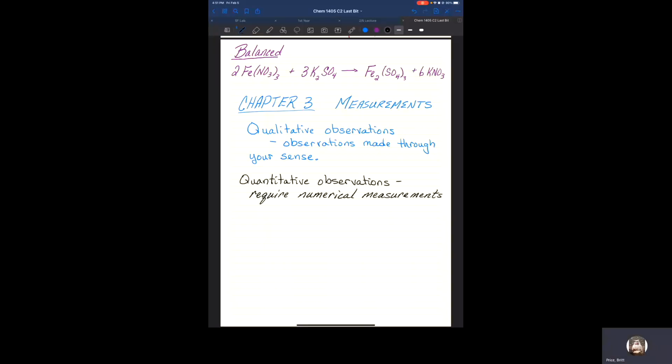When you communicate these quantitative observations, there's two parts that you must communicate.